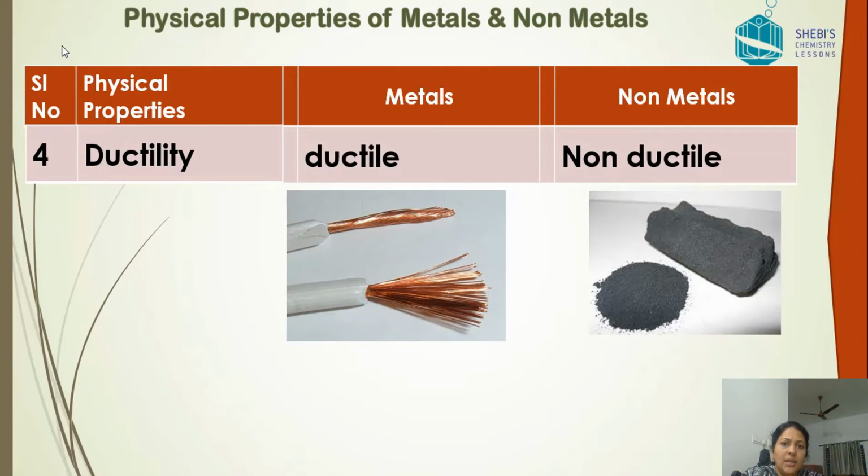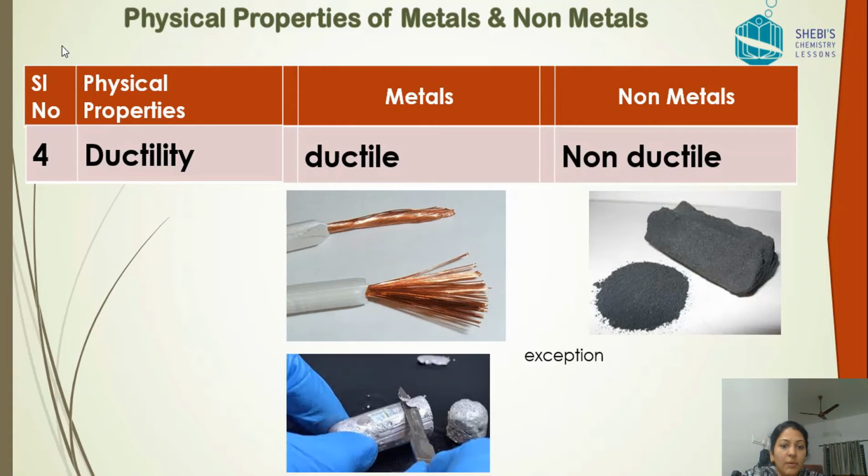So generally metals like silver, gold, copper, etc. are ductile. They can be drawn into very thin wires, while non-metals like carbon, sulfur, etc. are non-ductile. So here also exceptional cases will be there. Sodium, potassium, lithium, etc. are very soft metals. They cannot be made into very thin wires.